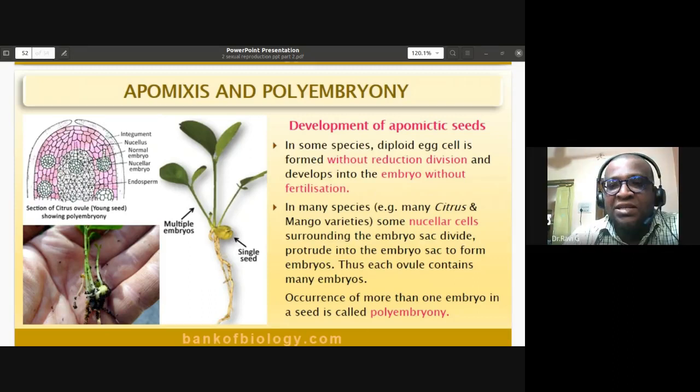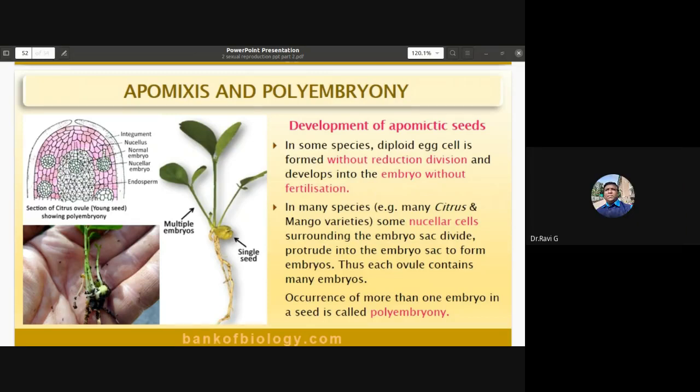Diploid egg cell is there. How does a diploid egg cell form? When meiosis does not happen, you get a diploid egg cell. So the diploid egg cell is formed without reduction division or meiotic cell division, and directly this diploid egg cell develops into an embryo without fertilization in some of the species.